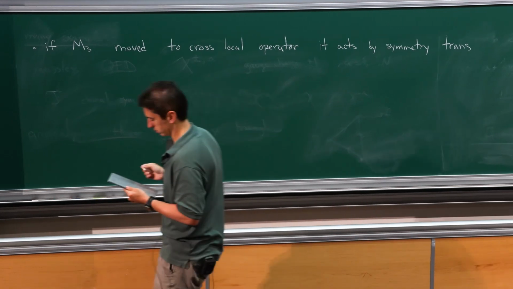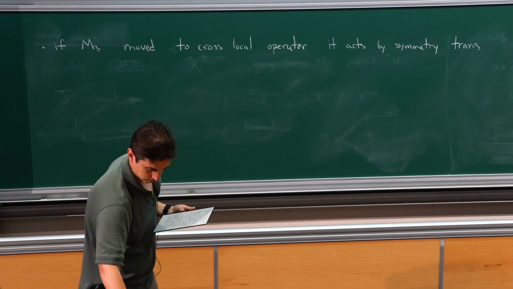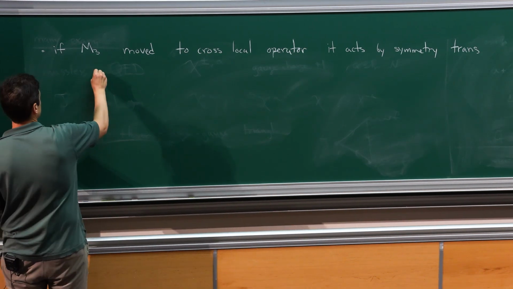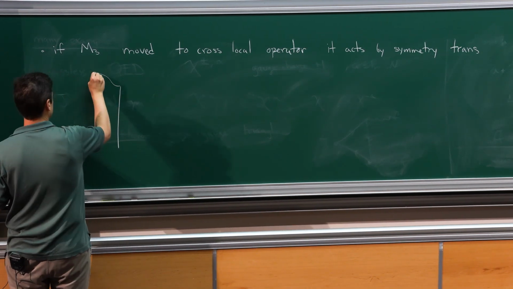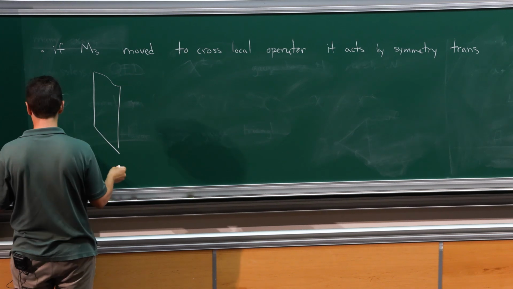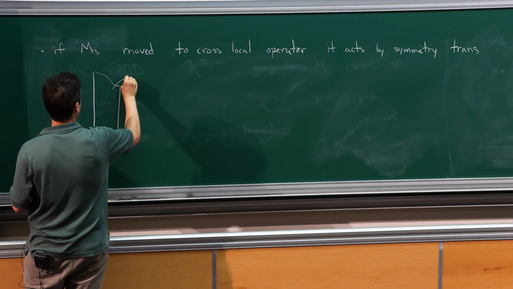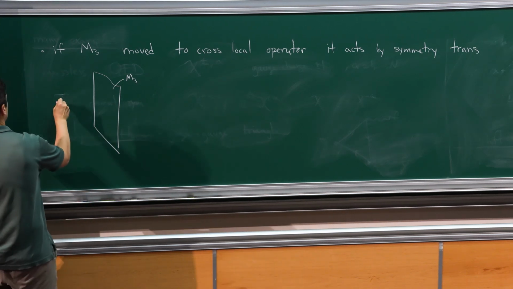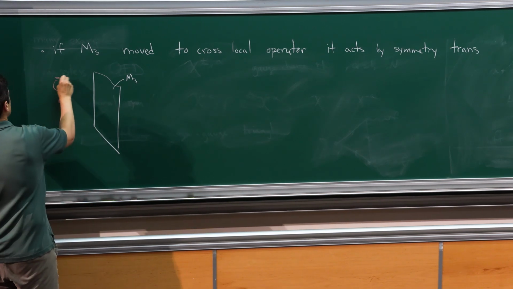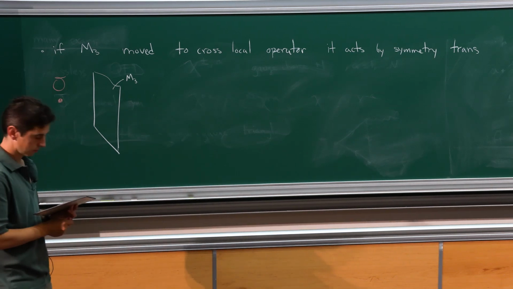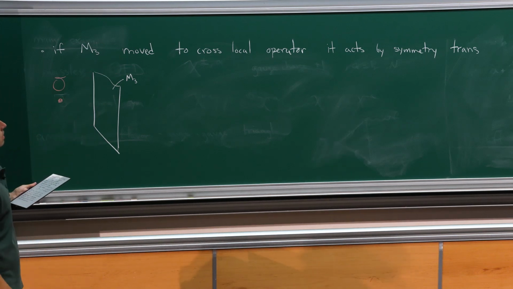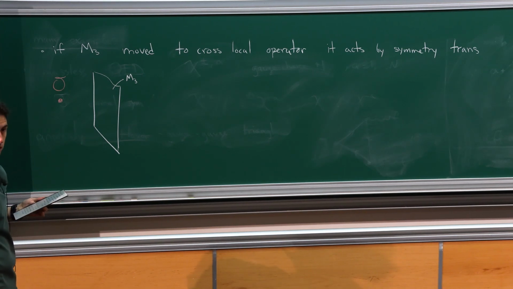So let's draw a picture. Here is our M3, and here is some local operator O. Now this M3 is the support of this extended operator U alpha of M3.